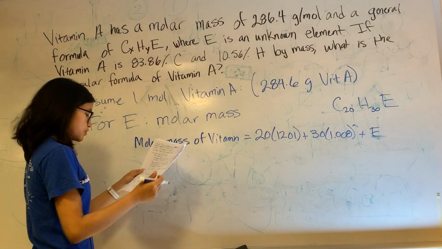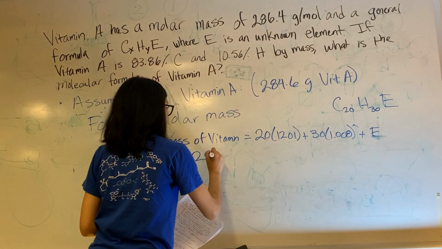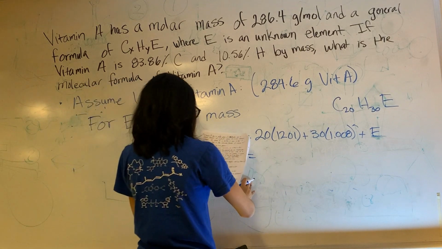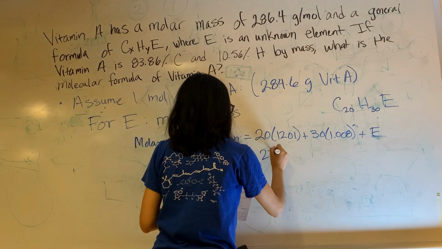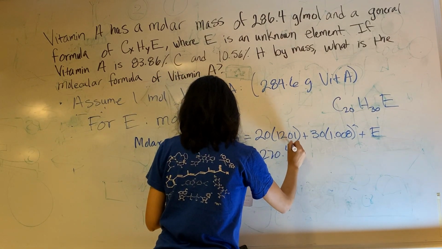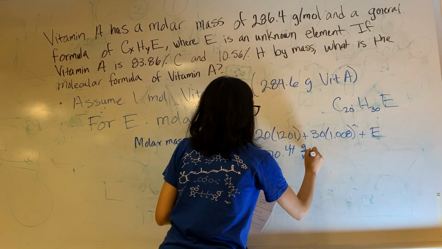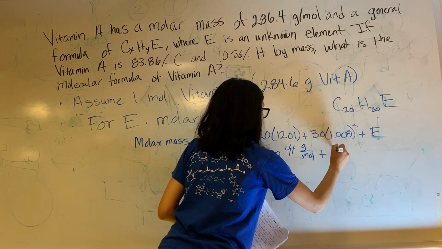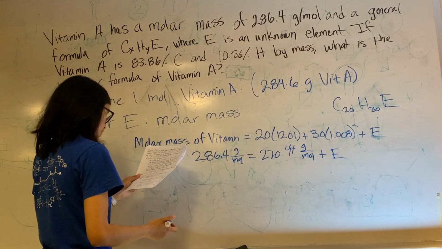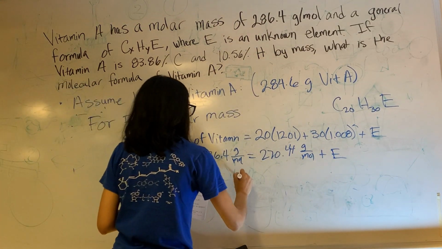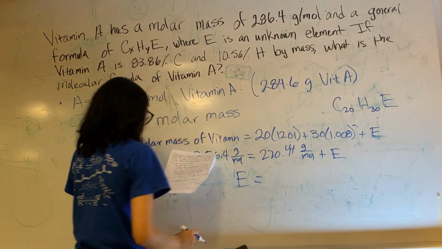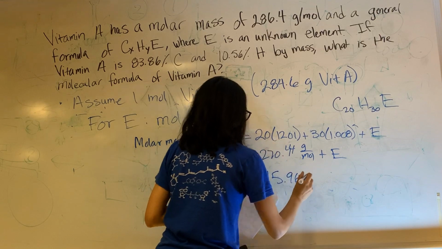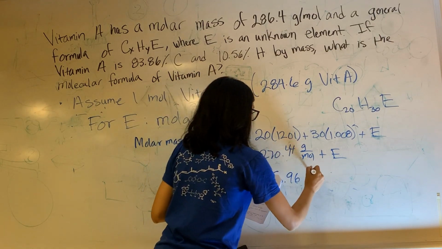All right, so this comes out to obviously the given 286.4, and then everything else here ends up being around 270.44 grams per mole plus E. Then it's just a quick subtraction, and we know that the molar mass of E is equal to 15.96 grams per mole.